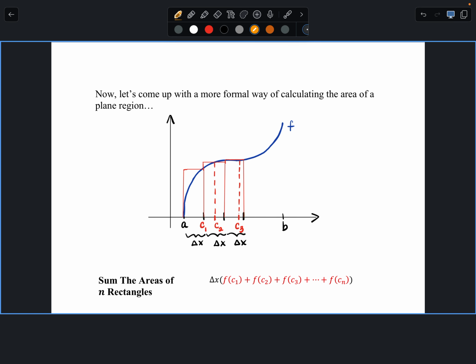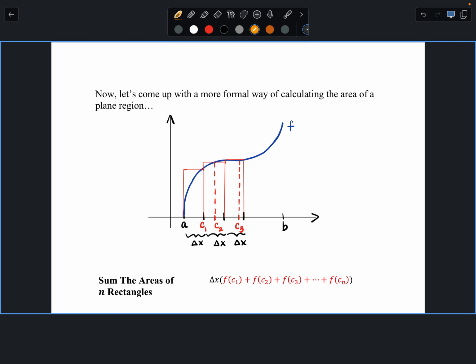So if we think about taking the limit as n approaches infinity, adding up infinitely many rectangles for each of these sums, we already saw that these two limits end up being equal to each other.